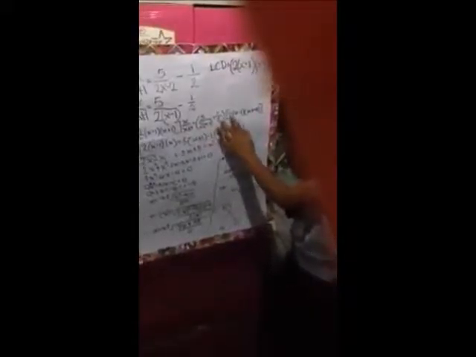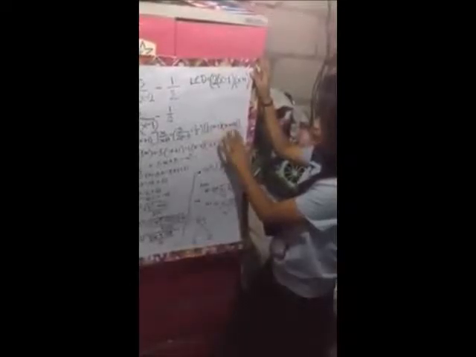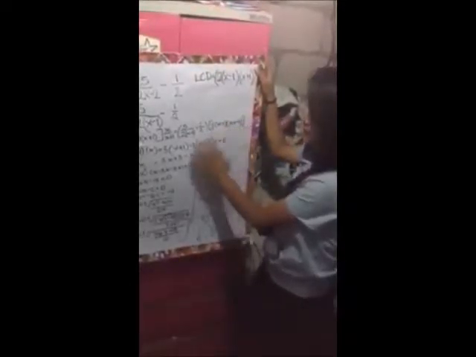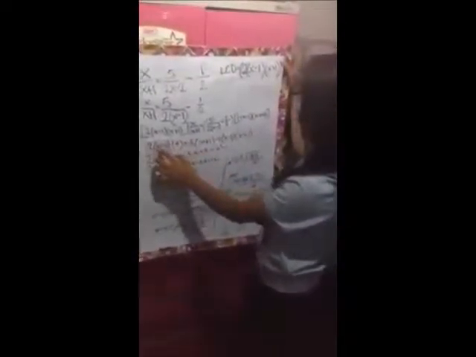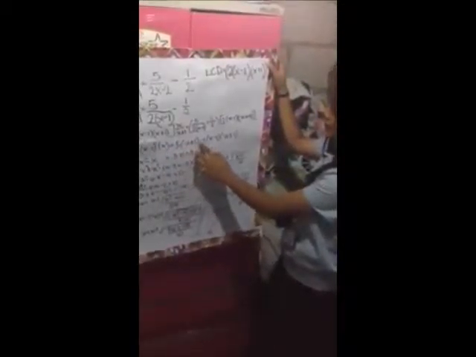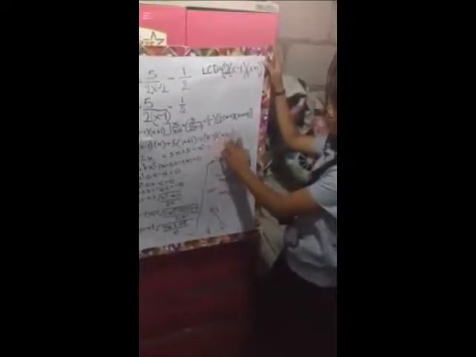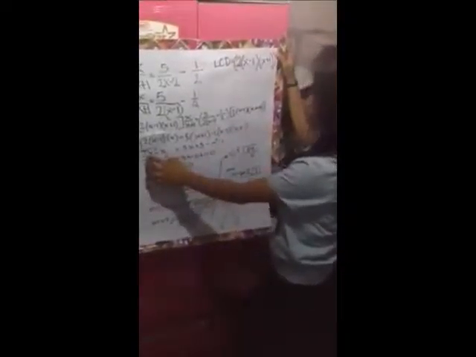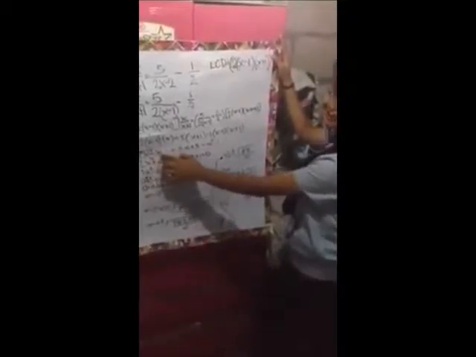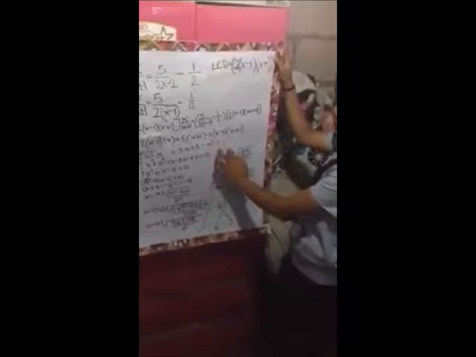The next step: 2x minus 1 times x is equal to 5 times x plus 1 minus 1 times x plus 1. The next step is 2x squared minus x equals 5x plus 5 minus x squared minus 1.